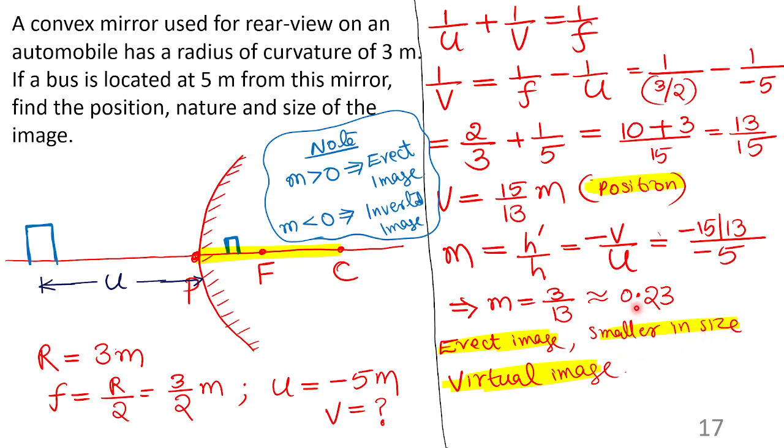Because the magnification is less than 1. Magnification less than 1 means smaller in size. Understood? Clear? Yes, sir. Okay. Virtual image is due to the fact that the image is on the right side. V is positive, the image is on the right side, the coating side, so it is virtual. Okay? Yes, sir. Understood.